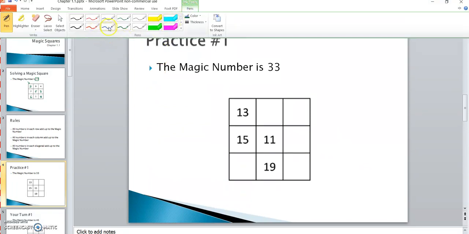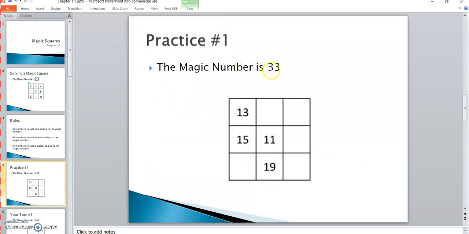So let's look at this one here. In this one, the magic number is 33. So I'm going to start off with this square right here. If I wanted to, I could start off with this square or this square. But what you'll notice is that I can't actually start off with just any square.